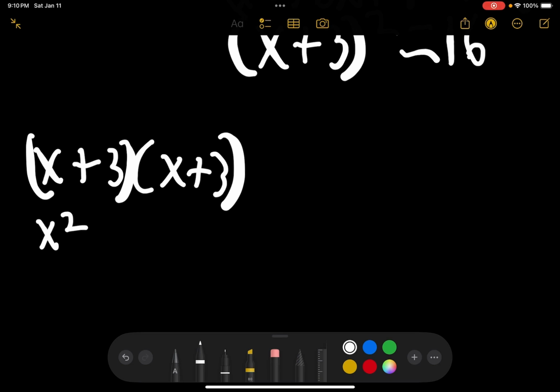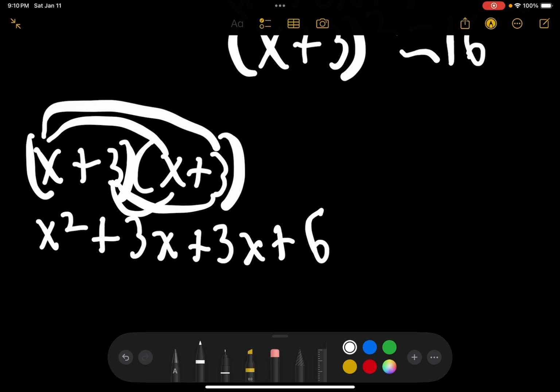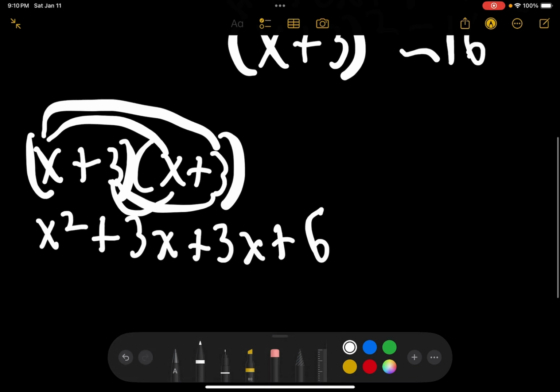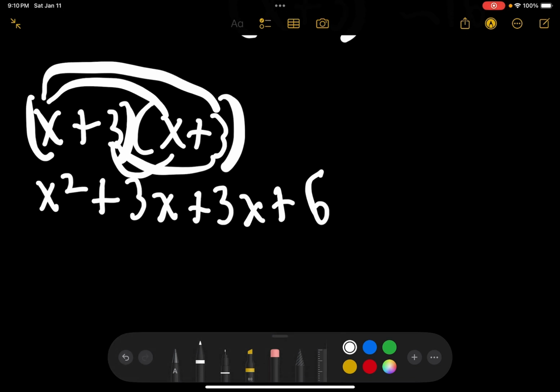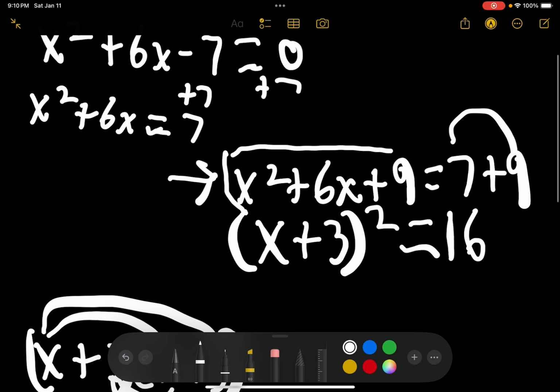So we got x squared, and then plus 3x, and then plus 3x, and then plus 3 times 3 is 9. So we got x squared plus 6x plus 9. Boom, which is the same thing as this up here.